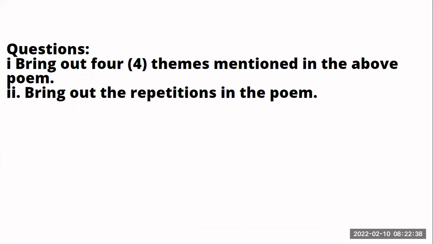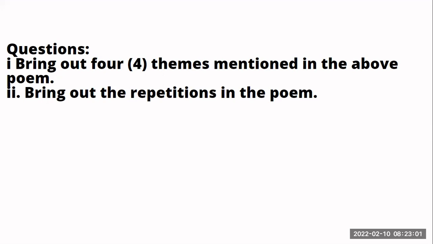Okay, so now what exactly is a theme? A theme in a work of art or a work of literature is a main idea expressed. You can say it is what that poem or that novel or that play is really about.